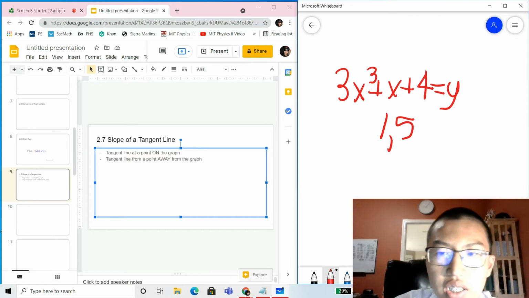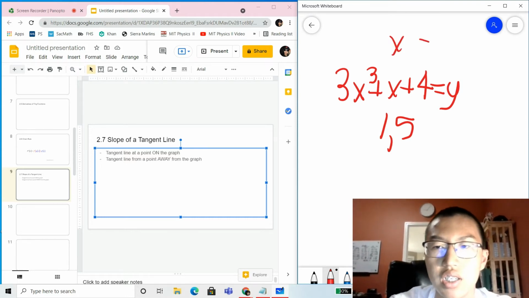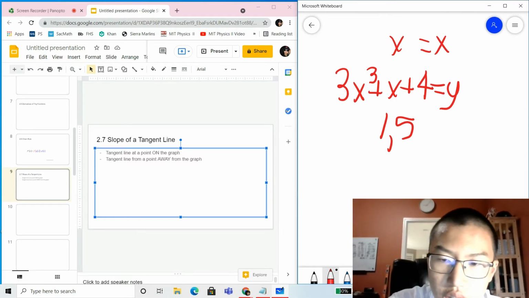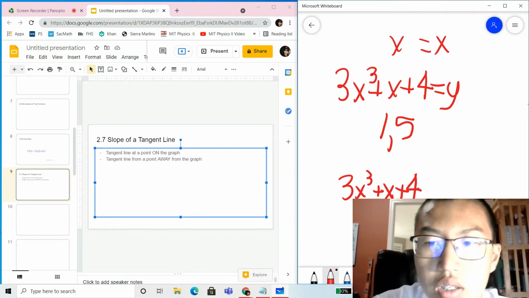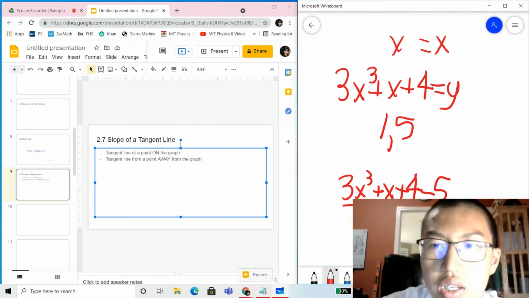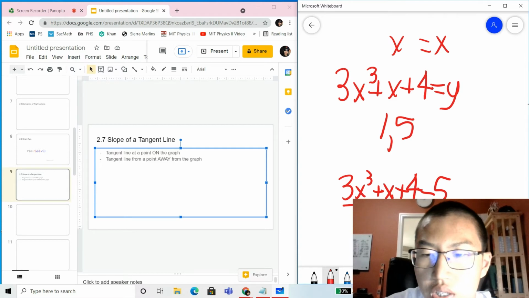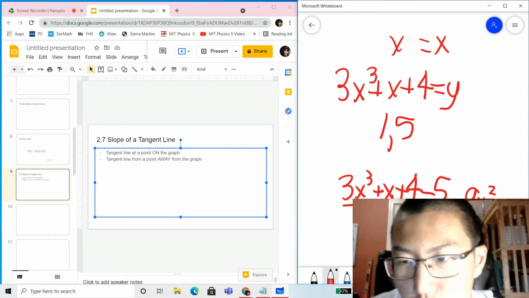We learned that in 8th grade or earlier. So we have 3x cubed plus x plus 4 minus 5 over x minus 1. That's y1, y2, x1, x2. And that's going to equal the derivative of the equation, which is 9x squared plus 1.